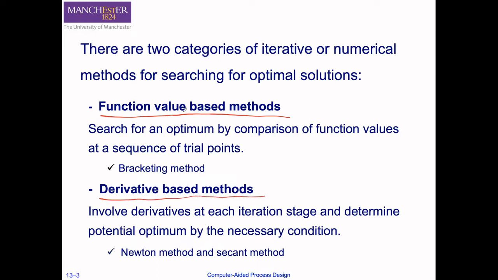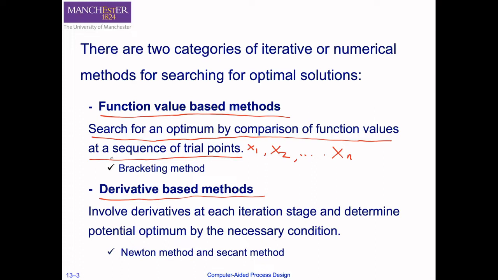In the function value-based methods, we search for an optimum by evaluating function values at a sequence of trial points, such as x1, x2, and xn. The function value-based methods do not use derivatives. These methods are often inefficient.